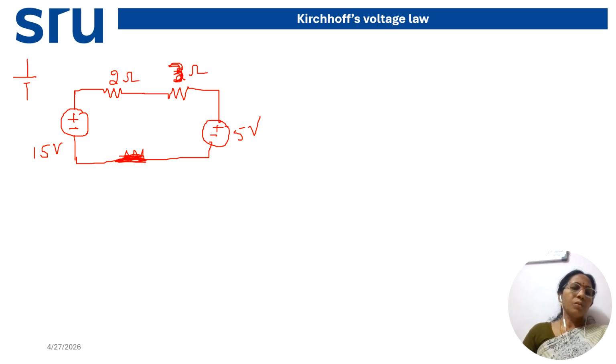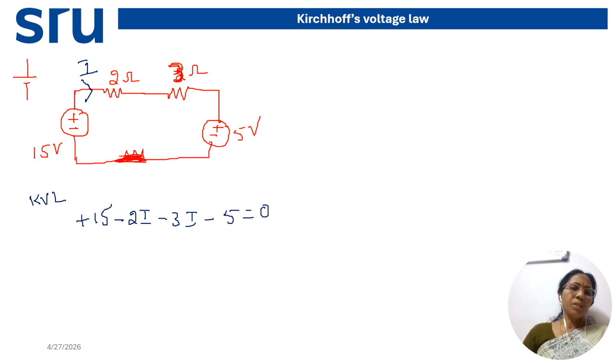So now again the direction of current I am taking like this, and now apply KVL. Going from minus to plus, this is plus 15 volt. The next element is resistance, the drop across the resistance is minus 2 into current I. The next element is 3, minus 3 into I. And the next voltage source, we are crossing plus to minus, that's why it is minus 5 equals 0.